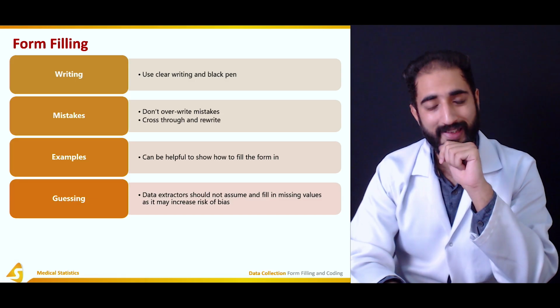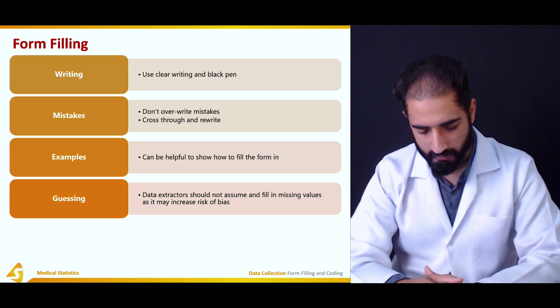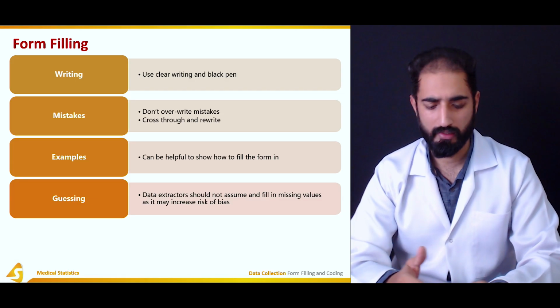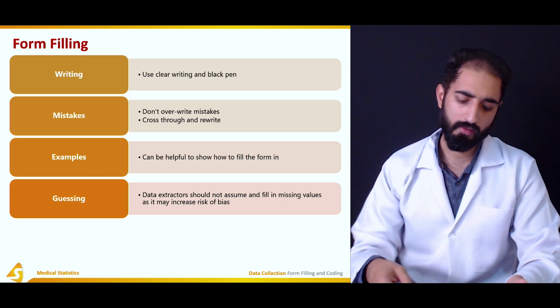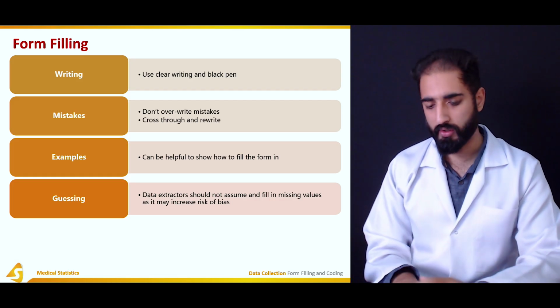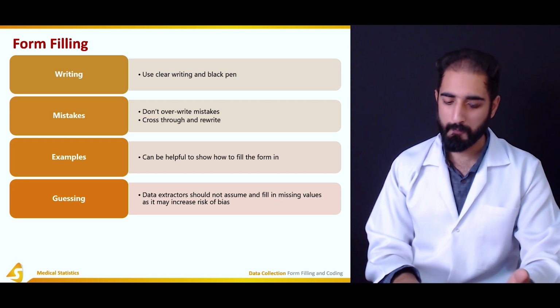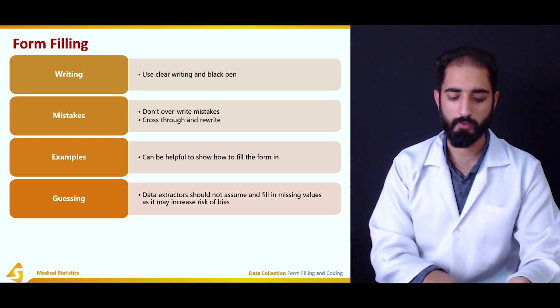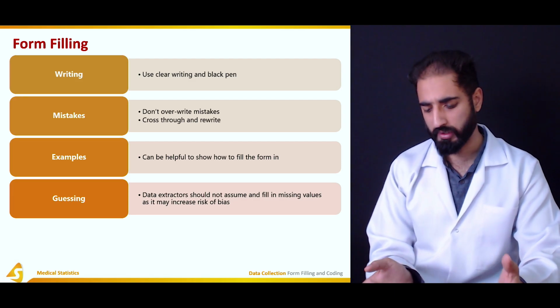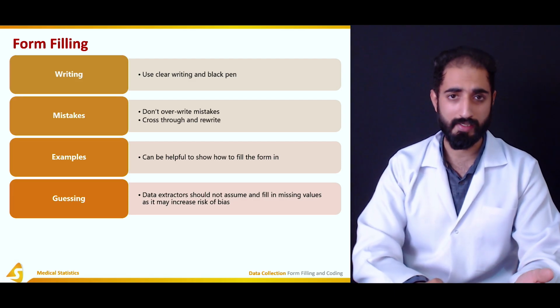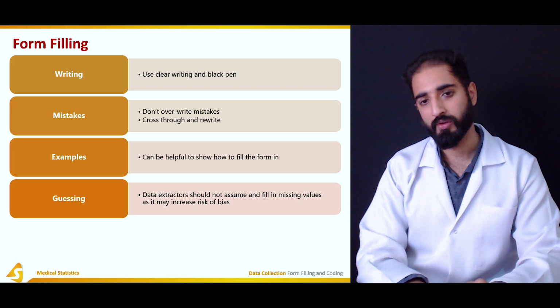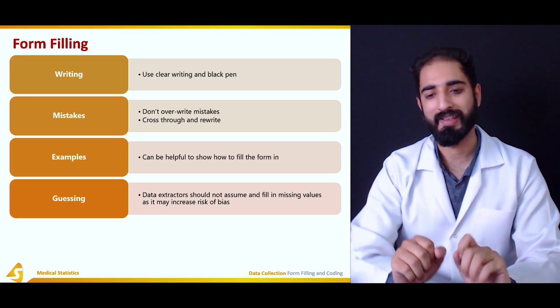Guessing. Sometimes it happens that we look at the data we collected, or sometimes we are collecting the data from another source such as clinical notes, and we need some information and we don't have it. For example, the gender was not there, and based on the patient history, I make a guess that that person is female. So they should not be guessing.